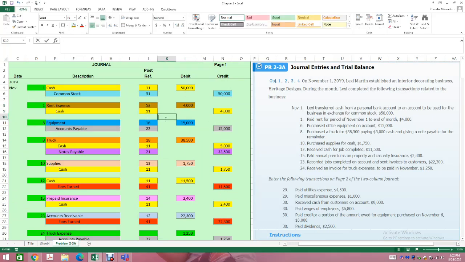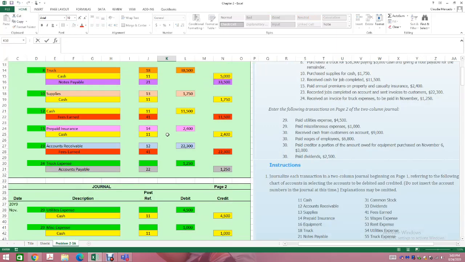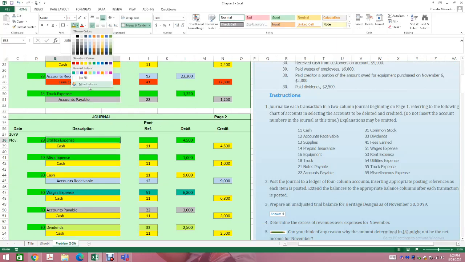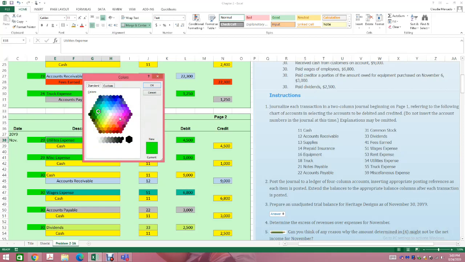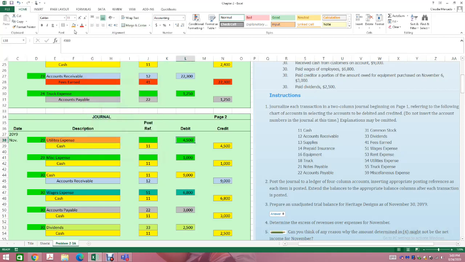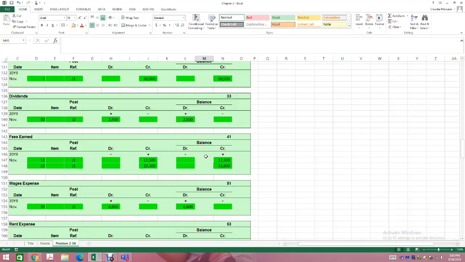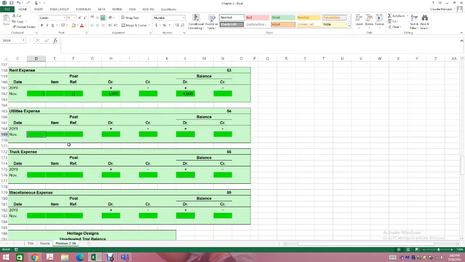Okay, there we go. The next account we have is utilities expense. Okay, so we need to look for utilities expense, and that happened on the 29th. Okay, and we have utilities expense of $4,500. Okay, so we're going to go down and we're going to enter utilities expense where it belongs.